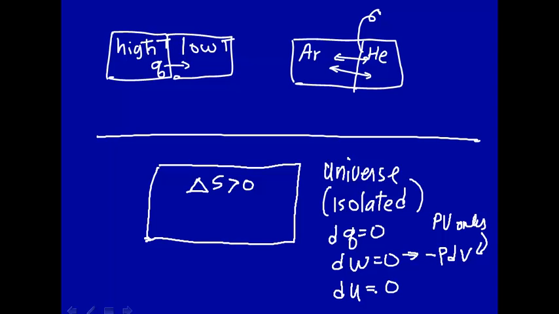And U is a constant, and V is a constant. So this implies for an isolated system, the change in entropy at constant U, where dU is 0, and constant volume, where dV is 0, is greater than 0. So there it is. For an isolated system, dS at constant internal energy and volume is greater than 0.